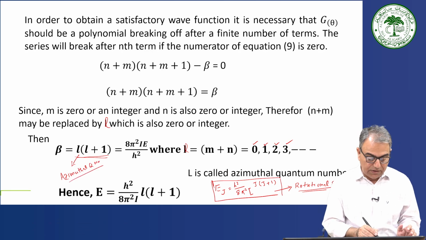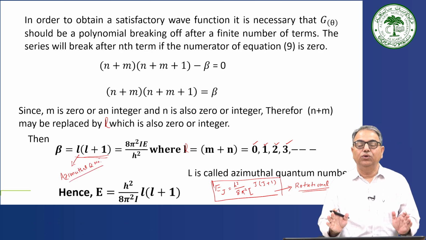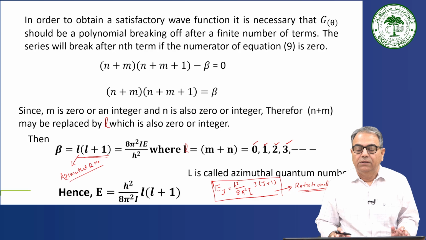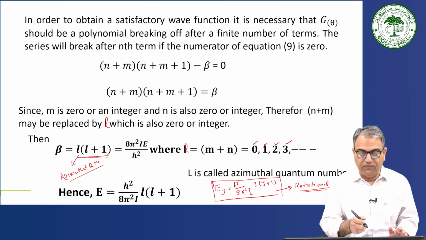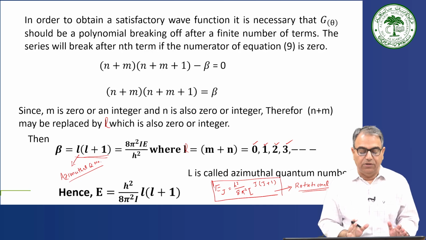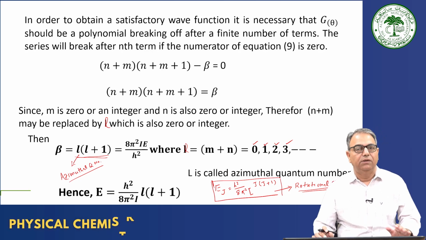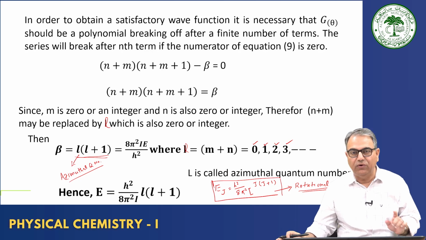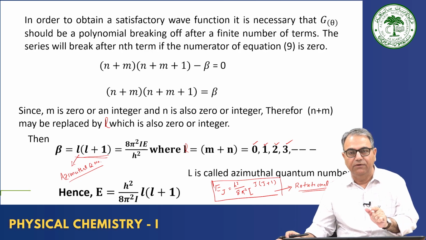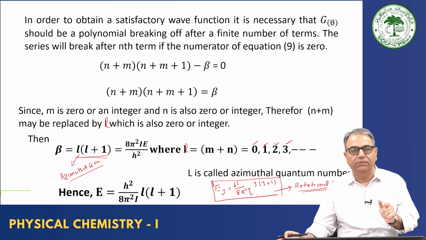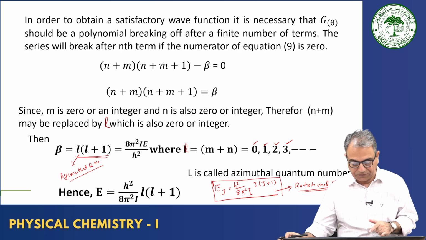From the solution of the phi equation, we got m, the magnetic quantum number, and that m is different from this m. From the solution of the theta equation, we got the azimuthal quantum number. So one quantum number you get from the phi equation, another from the theta equation.